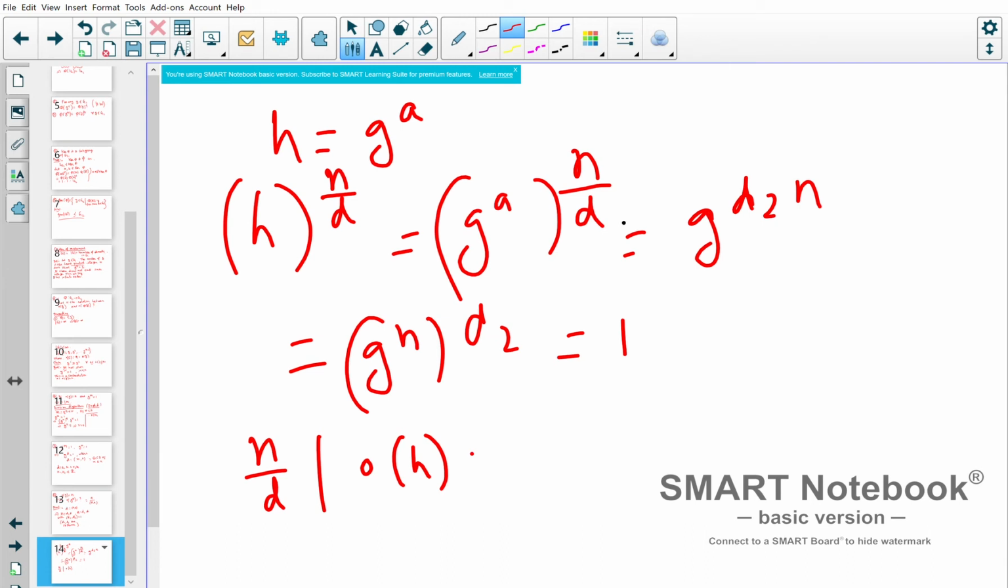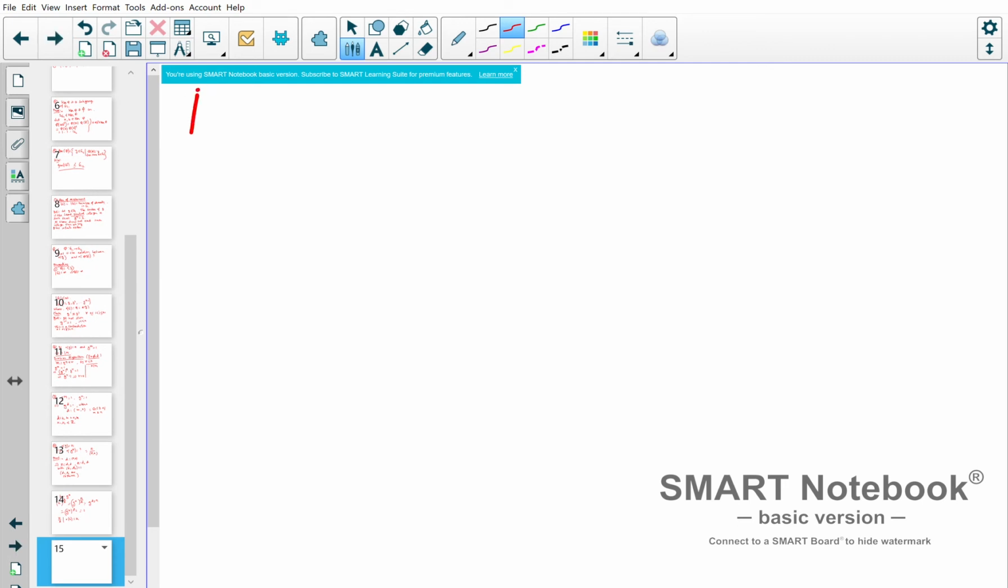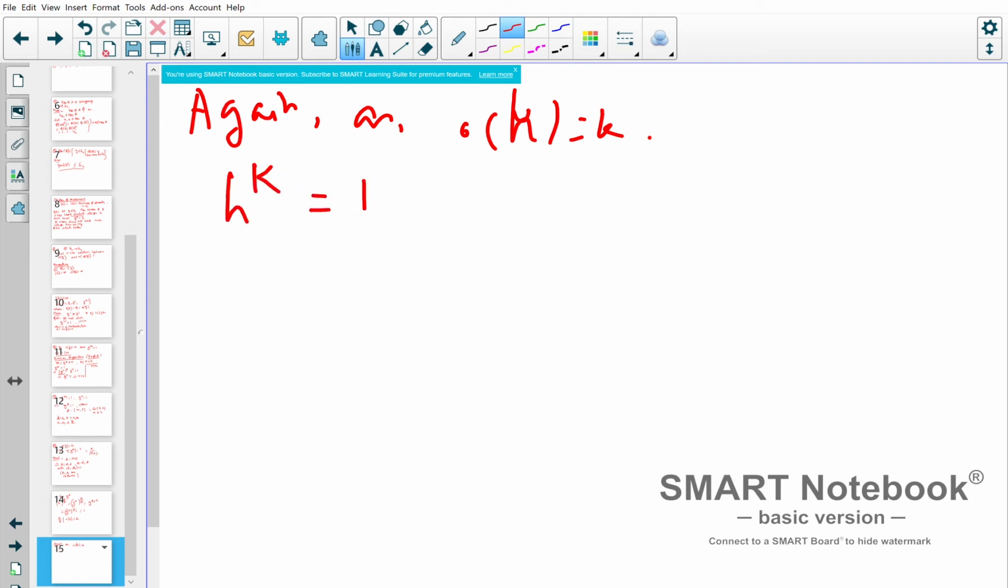So let me write the order as k, for example, and we need to prove that n by d is equal to k. But here I just proved that n by d divides k, right? Now similarly, as the order of h equals k, you know that h power k equals identity, right?